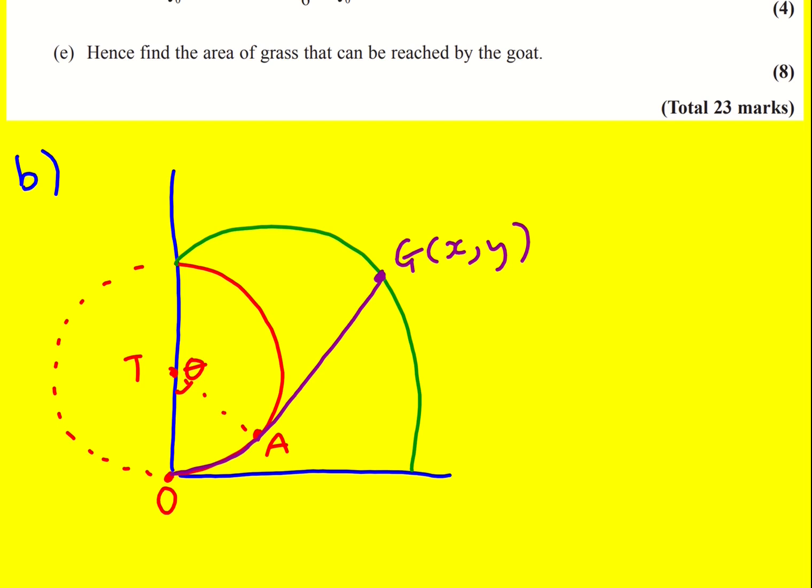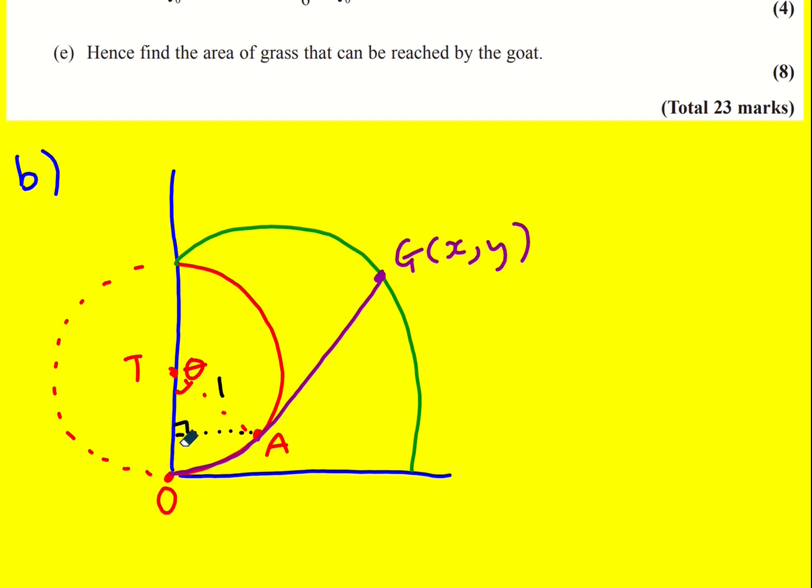So how to try and describe this coordinate using theta? Well, remember, we're at the origin and then we're going some amount along. Now I can create a right angled triangle here. And this length is 1.